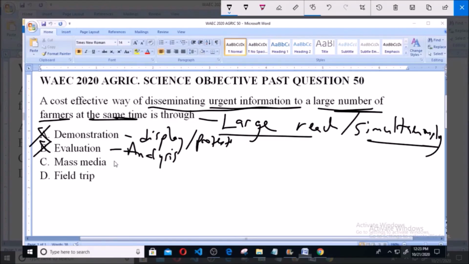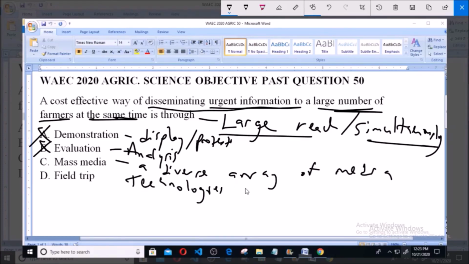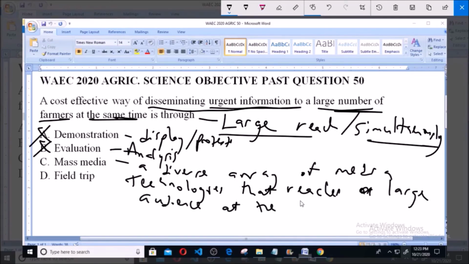Now option C says mass media, and mass media refers to a diverse array of media technologies that reaches a large audience at the same time.